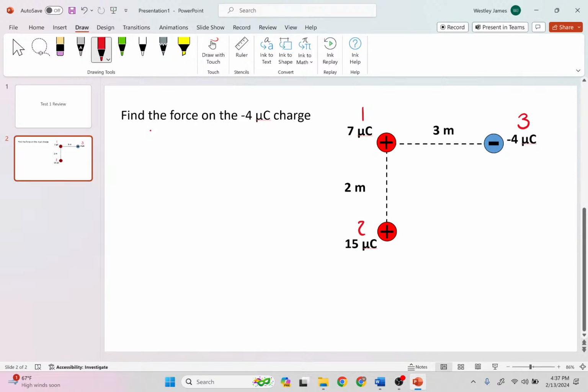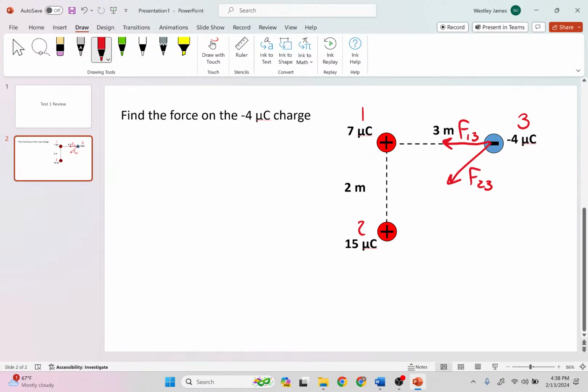So 1 on 3, it's going to attract, force 1, 3. And then 2 on 3 is also going to attract. Now we have to figure out, 1, what these forces are, and then we have to remember x components and y components.